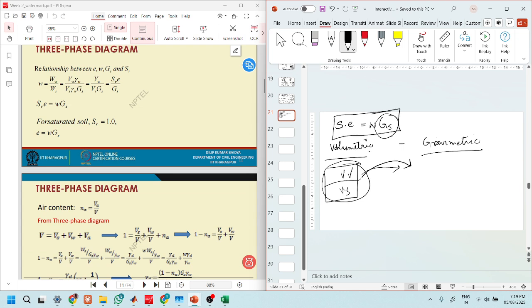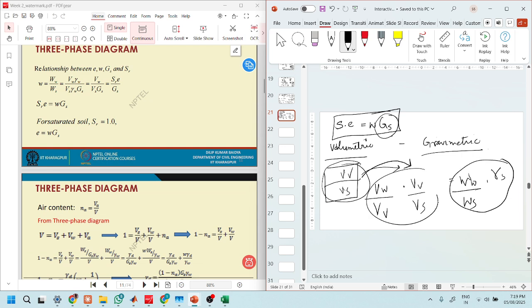relation that converts the volumetric, for example, saturation is volume of water by volume of voids. e is volume of voids over volume of solids. And then your weight of water over weight of solids, and then your Gs is gamma s over gamma w. So you see all the weight terms are here, all the volume terms are here.